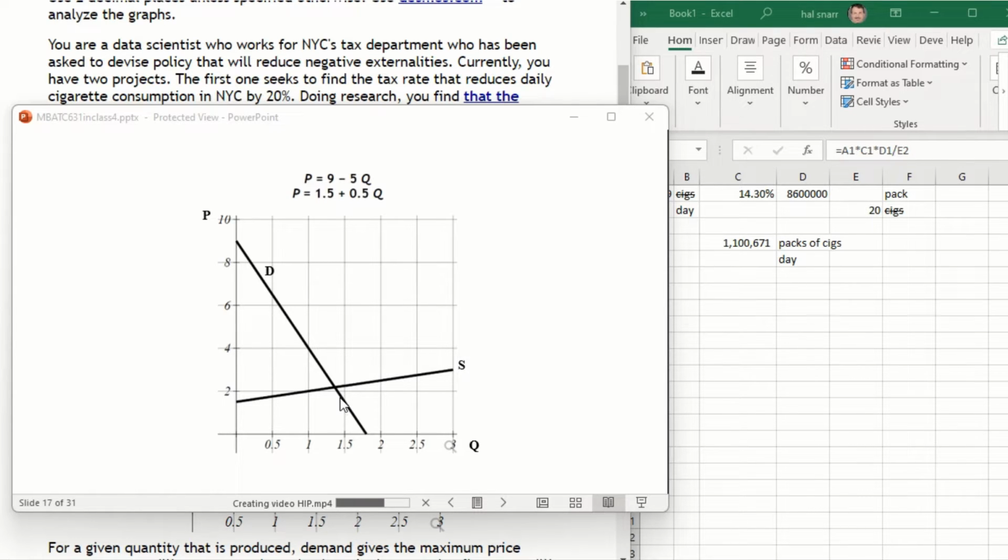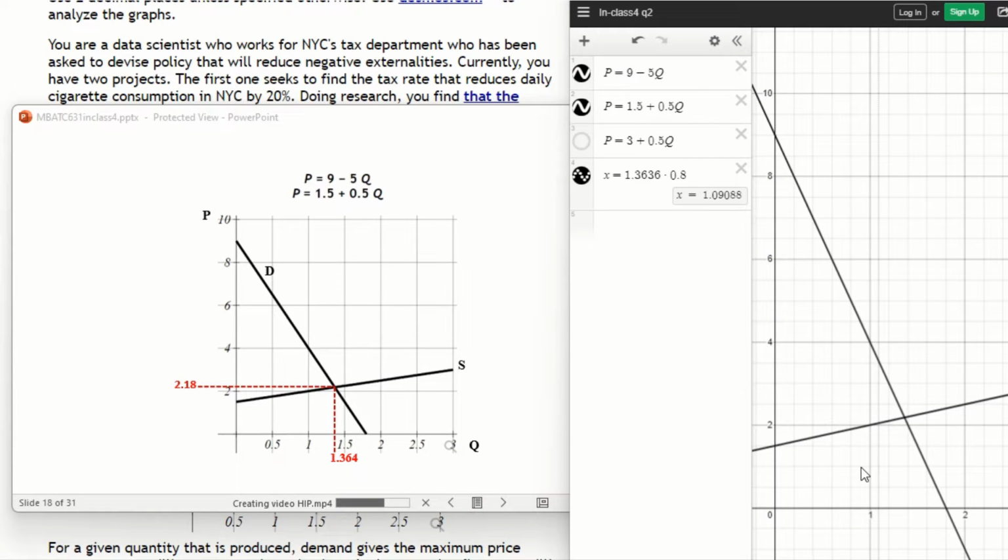Pre-tax, the equilibrium is $2.18 per pack and 1.364 million packs would be sold per day. Okay, I got those numbers from the Desmos worksheet. I have my demand curve, I have my supply curve.